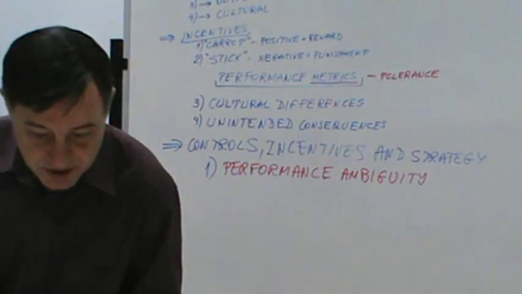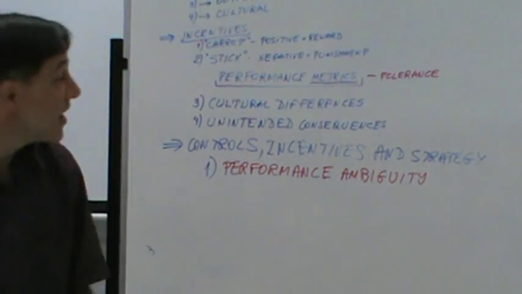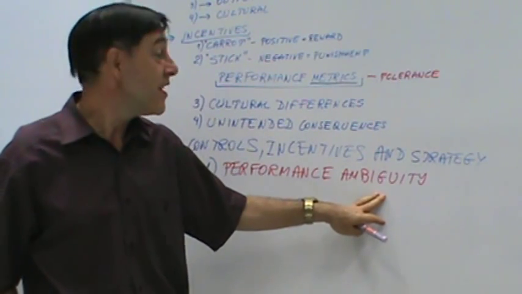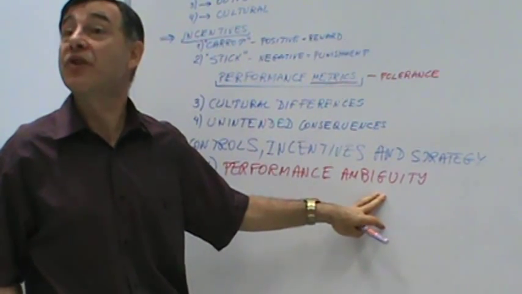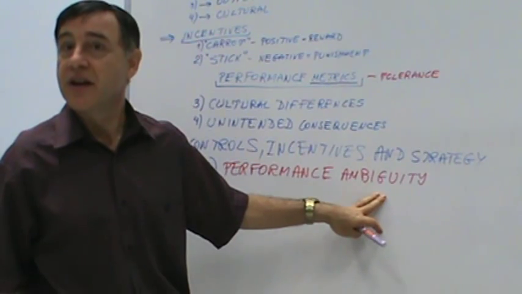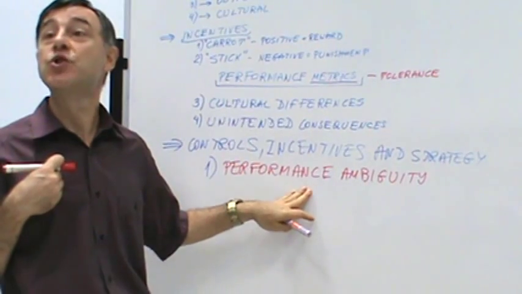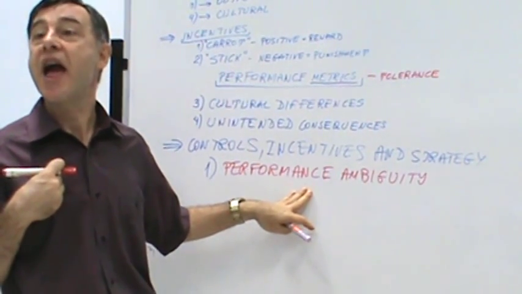Performance ambiguity exists when the performance cannot be traced directly to the unit's action.